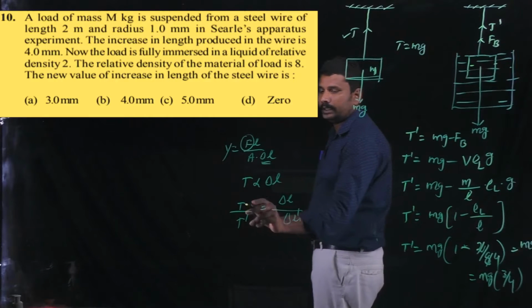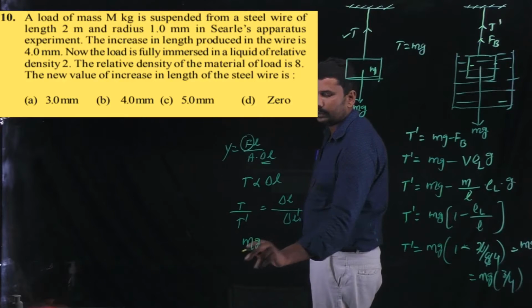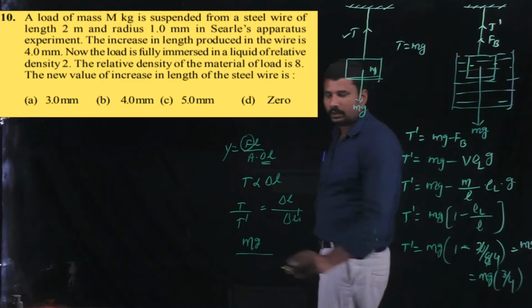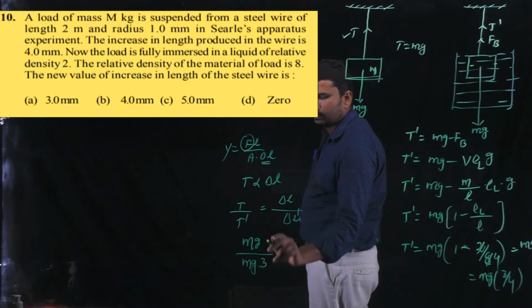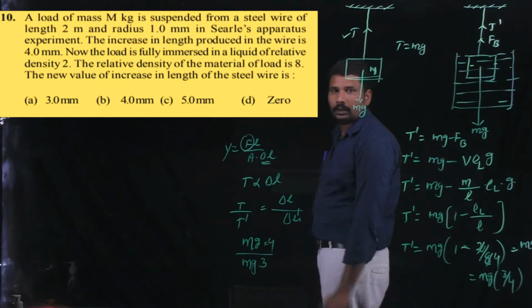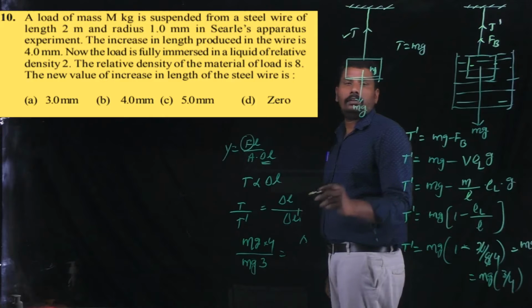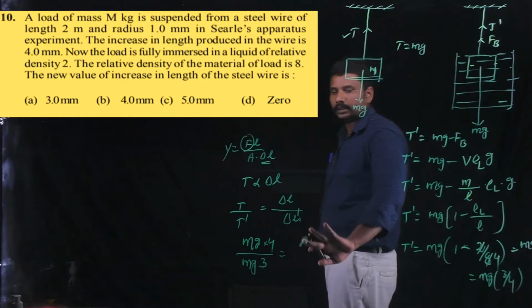By solving this, T is mg, T dash is mg into 3 by 4, and delta L, the value of delta L in the given data, is 4 millimeters.